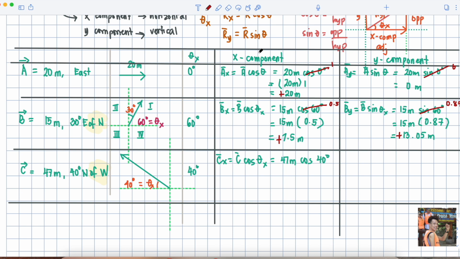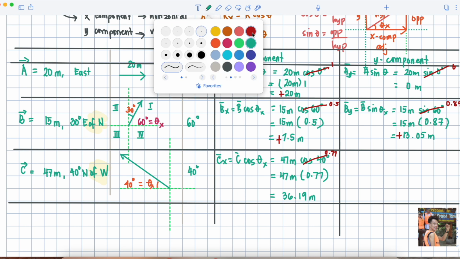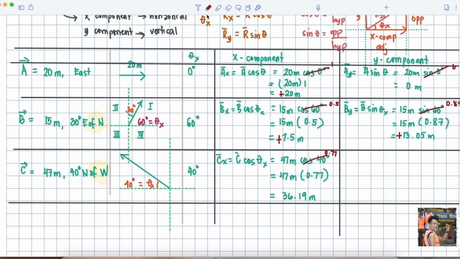Cosine 40 degrees is equivalent to 0.77. 47 meters times 0.77, and that is equivalent to 36.19 meters. Let's look into our graph. The vector lies along quadrant 2, wherein its x component lies along the negative x. Therefore, the x component of this vector is negative.